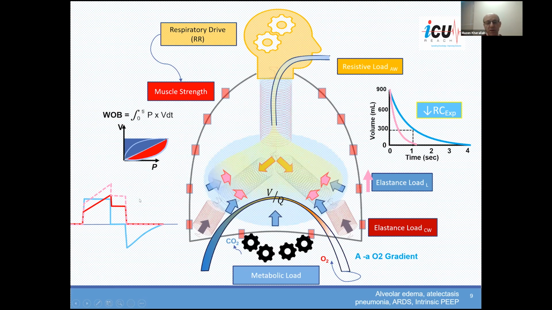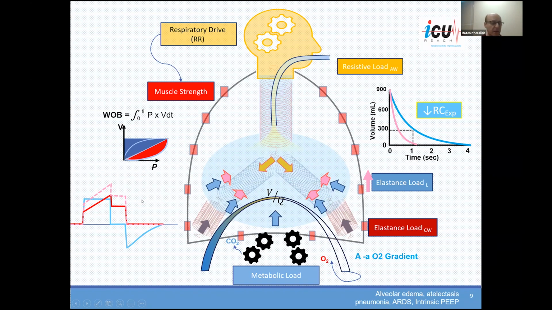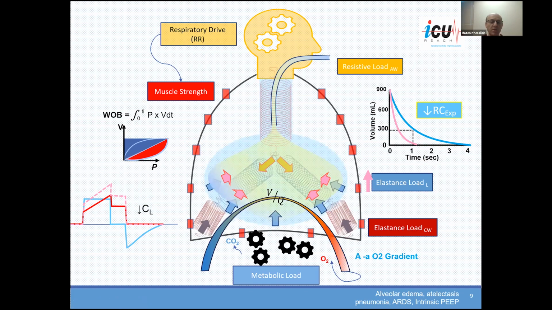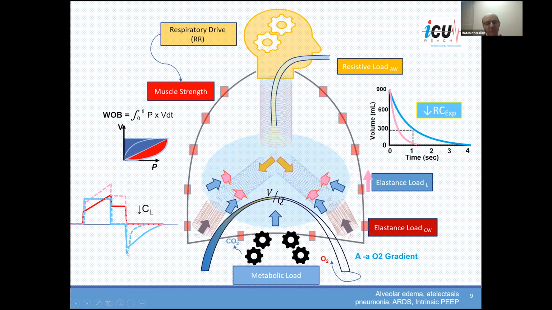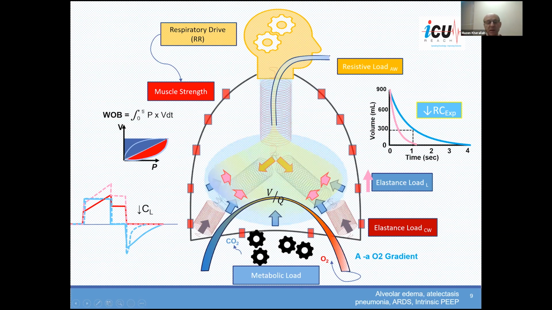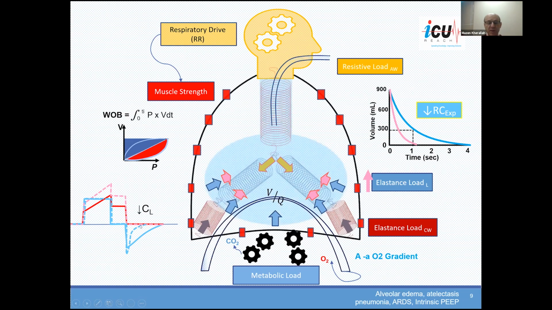However, the problem here is increased elastance. And on the flow over time curve, we can see that the peak expiratory flow will be deeper because it's easier to exhale, and it takes less time to exhale. You can see how the time constant is shortened, and the patient is able to exhale faster.